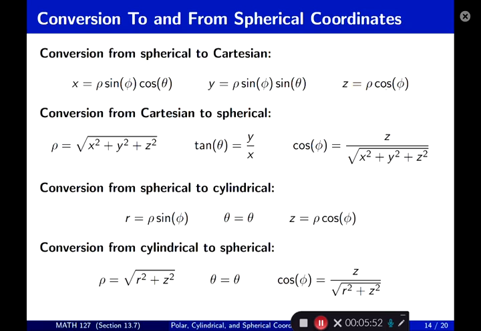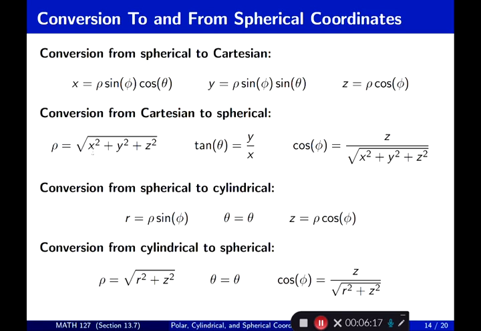Z is going to be rho cosine phi. Conversion from Cartesian to spherical is rho equal to square root of x squared plus y squared plus z squared. Tangent of theta is equal to y over x. Cosine of phi is equal to z over square root of x squared plus y squared plus z squared.